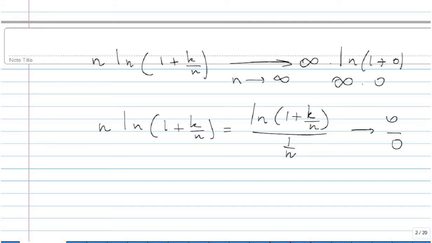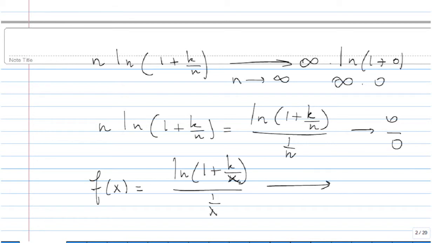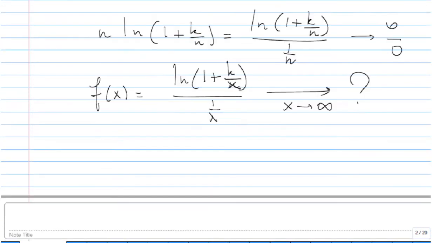Either you use it symbolically with n, but be careful, this is a sequence, so it's not differentiable, or you can take the function f(x) = ln(1 + k/x) over 1/x, and look for the limit when x goes to infinity. We can do either way. Symbolically it is exactly the same, no worry.